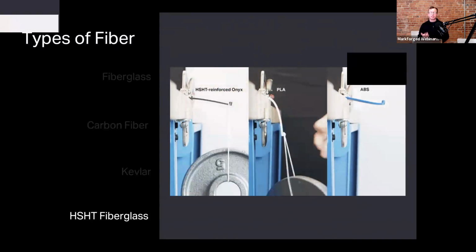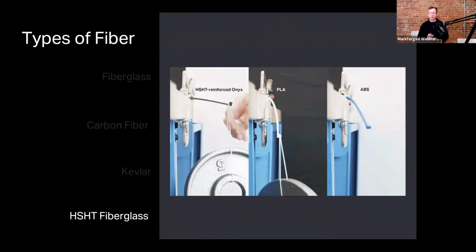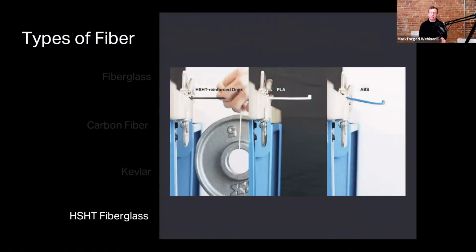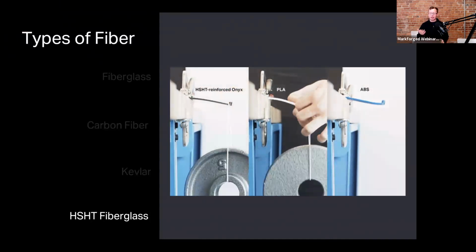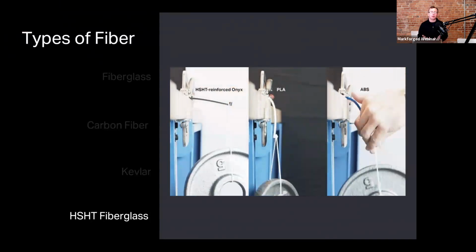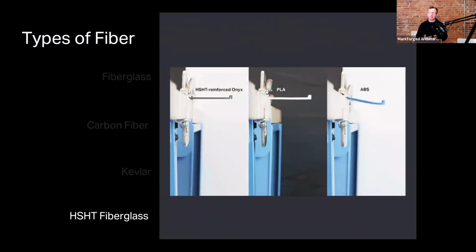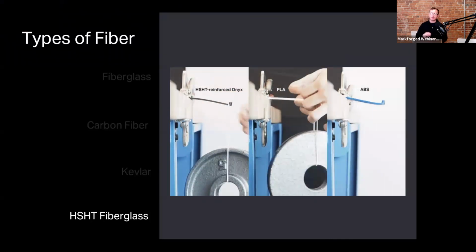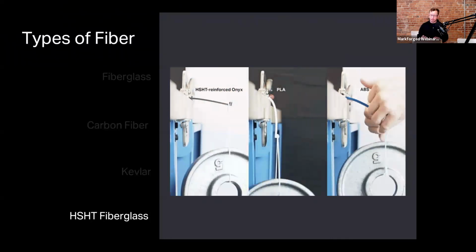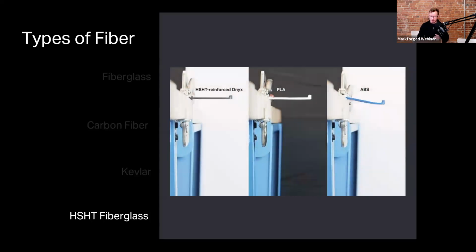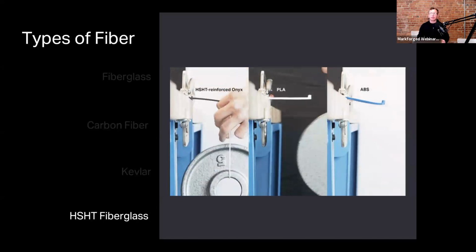So the HSHT reinforced beam, you can see here, retains its strength even with all that heat, whereas the PLA and the ABS ones essentially warp under their own weight. And so this beam here is shown supporting a 5-pound mass hung from its end, while the PLA and ABS basically deform and flop to the side of the table right here.